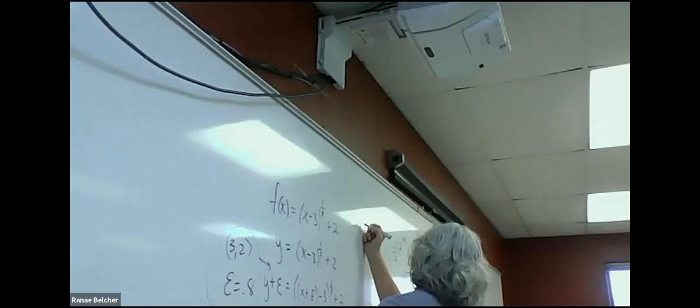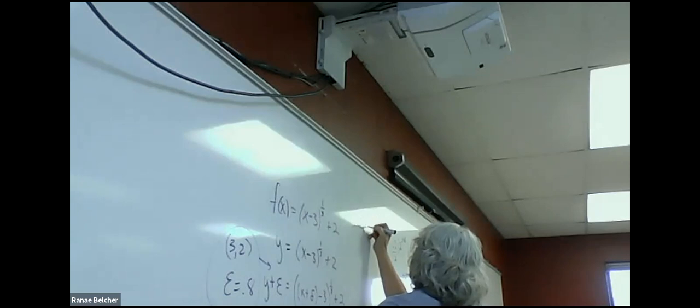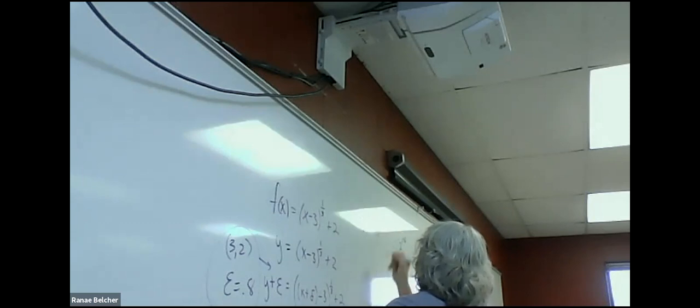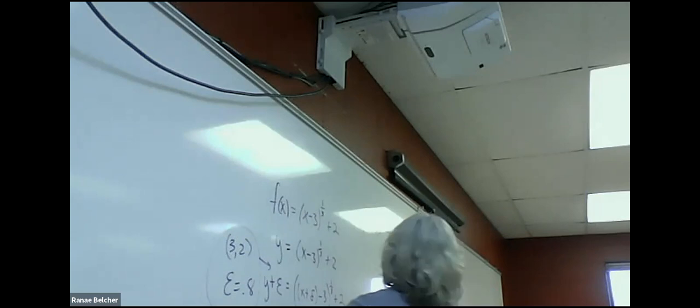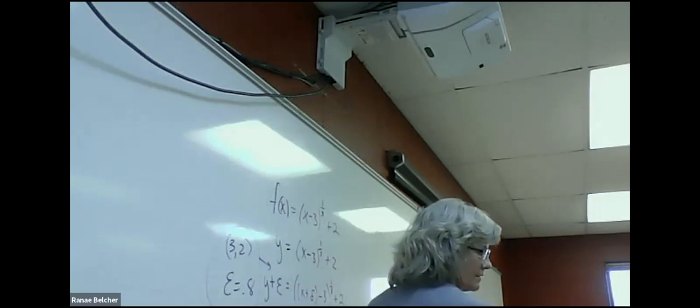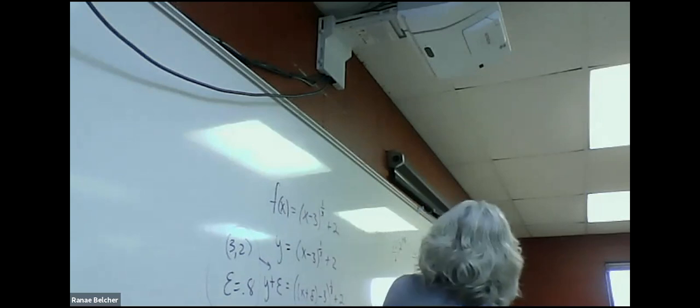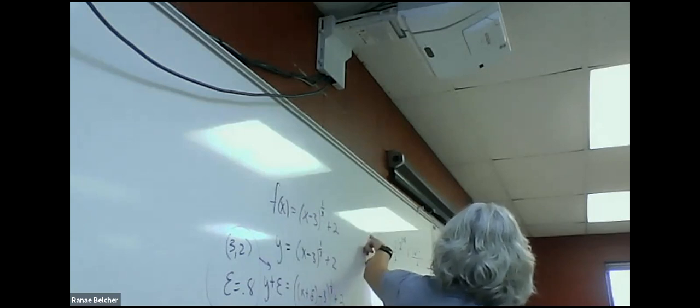I have log x to the r. That's going to equal r log x. In other words, this exponent up here can be placed down in front. Okay, log x to the r is equal to r log x.